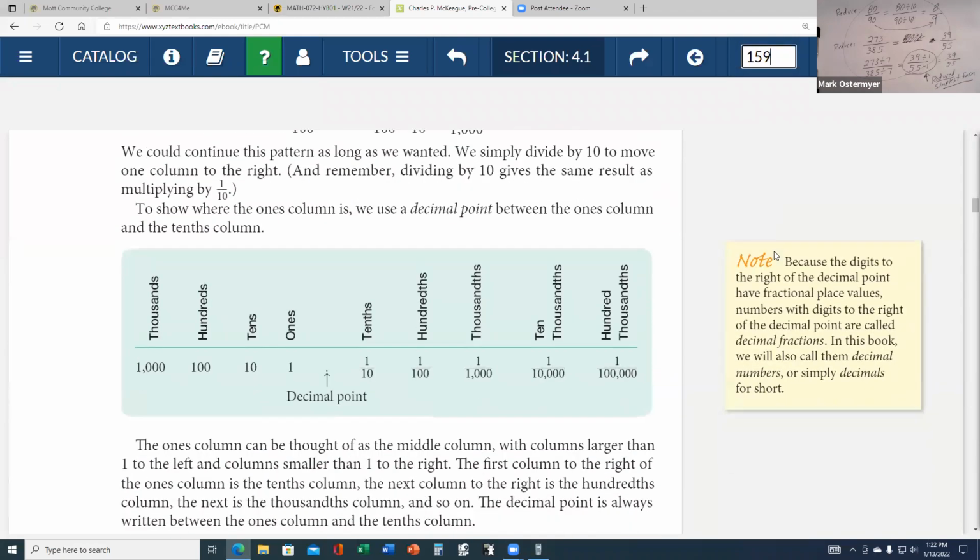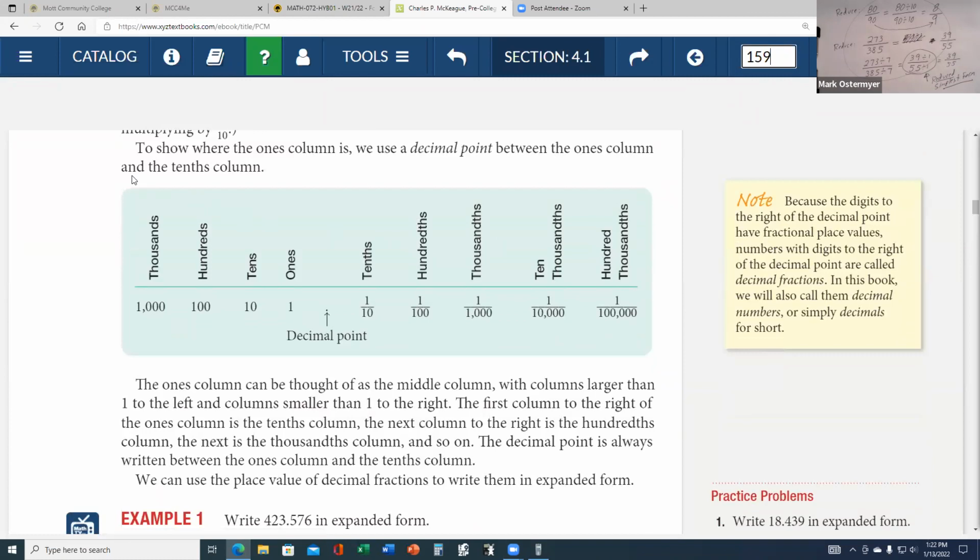And ladies and gentlemen, we're going to begin working with decimals a little bit here. On page 159, they give you this wonderful diagram halfway down the page. It locates the decimal point right here. You see where it has the arrow pointing? Yeah, that's where the decimal point is to be understood, to be located.